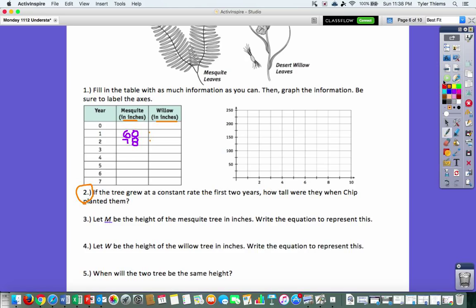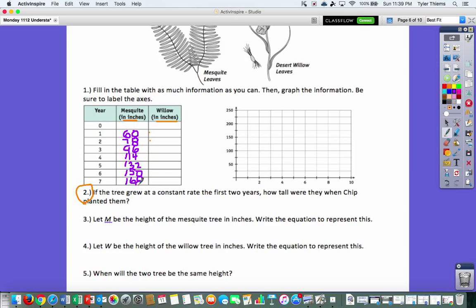Number 2 says, if the tree grew at a constant rate of change for the first 2 years, how tall were they when Chip planted them? If it was a constant rate of change, and it continues to go up by 18 inches, then year 3 would have been 96, year 4 is 114, year 5 is 132, year 6 is 150, and year 7 is 168.